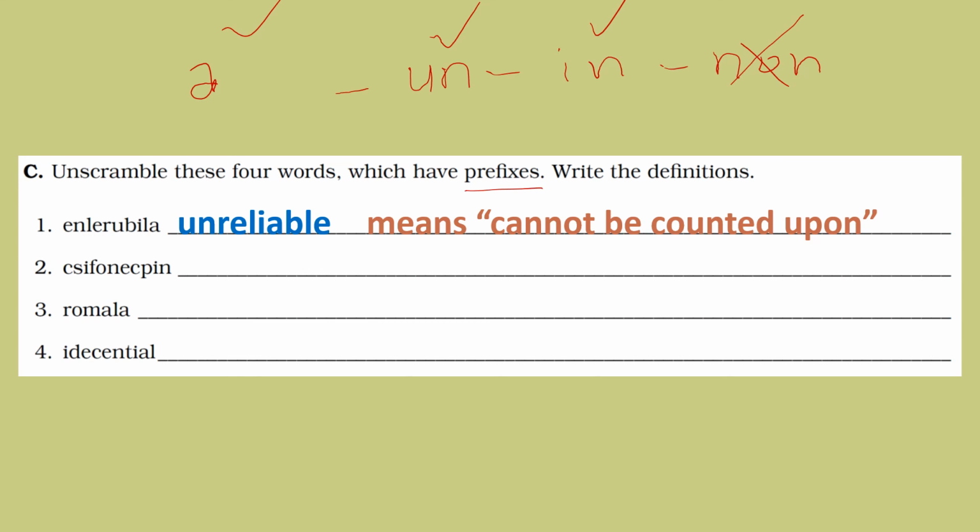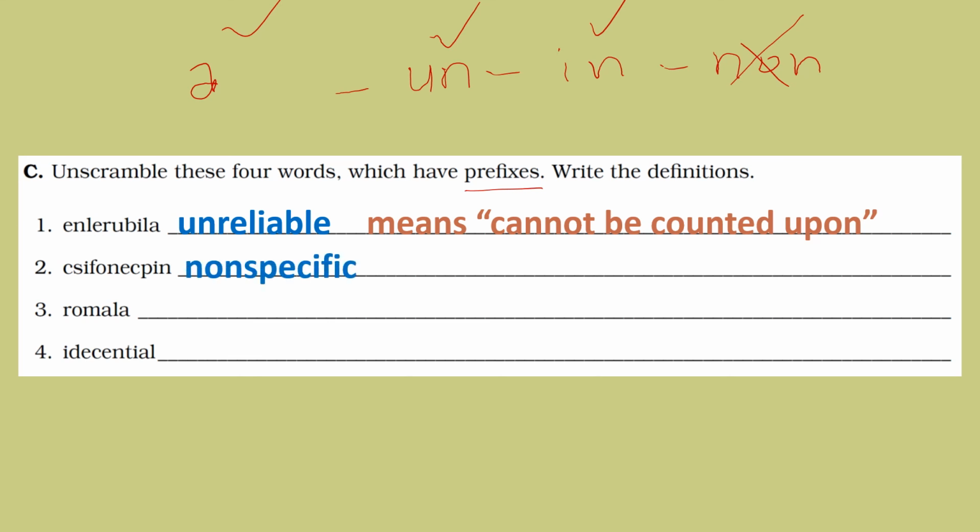The second one, let's see. You can try the same thing: start with the prefixes. You see the prefixes, you know the letters of the prefixes. I believe here also there is non. Yes, there is n, o, and n. It's double. I believe it starts with non because I can see it in number 3 and number 4.